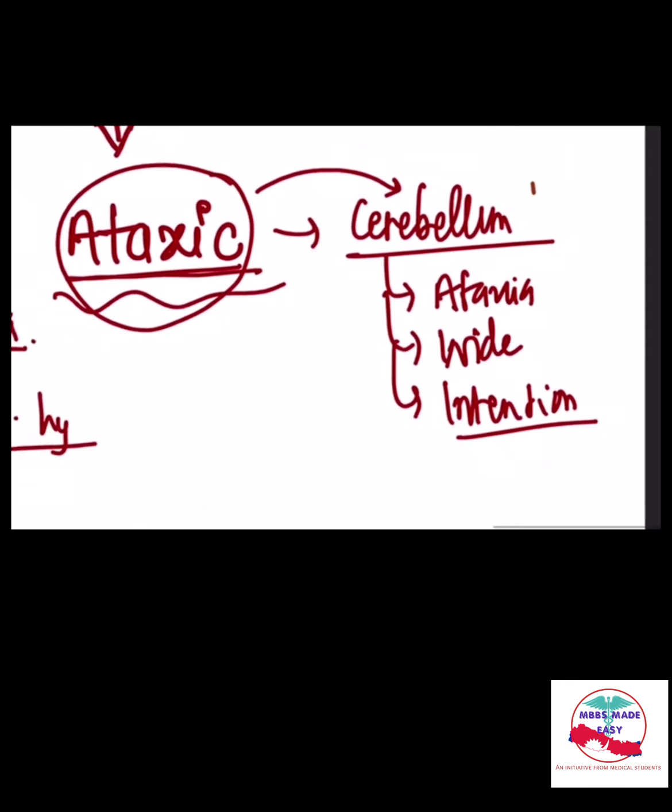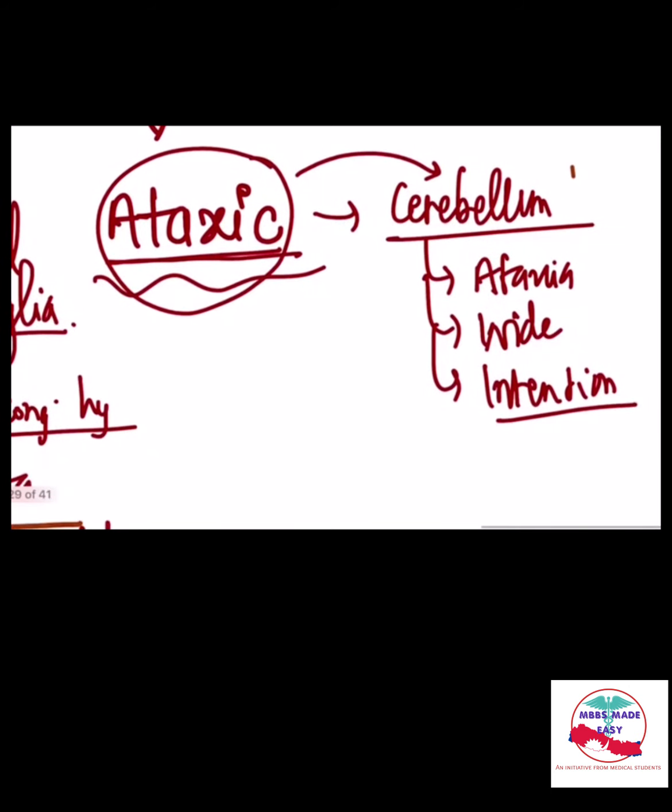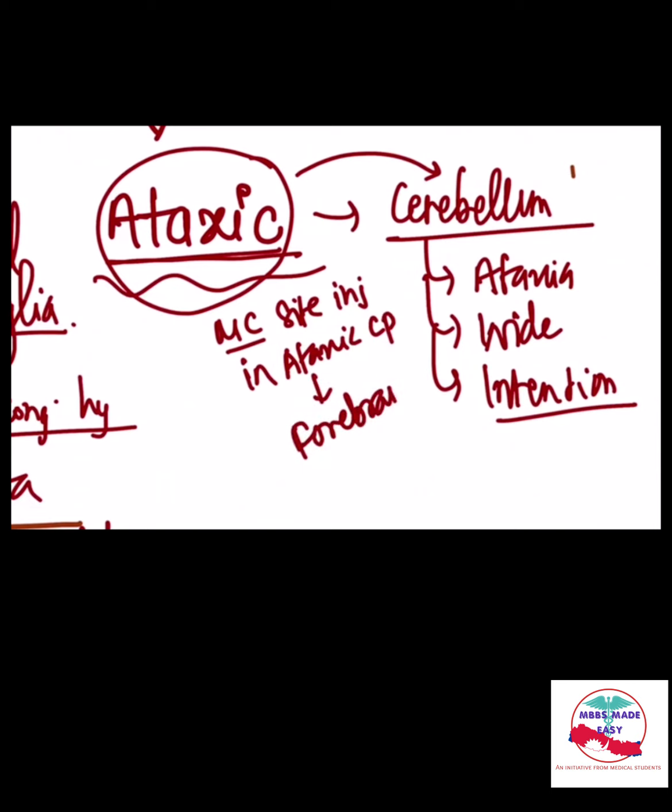But one typical important thing, often asked in MCQs, is that the most common site of injury in the brain in ataxic type of cerebral palsy is the forebrain and not the cerebellum.